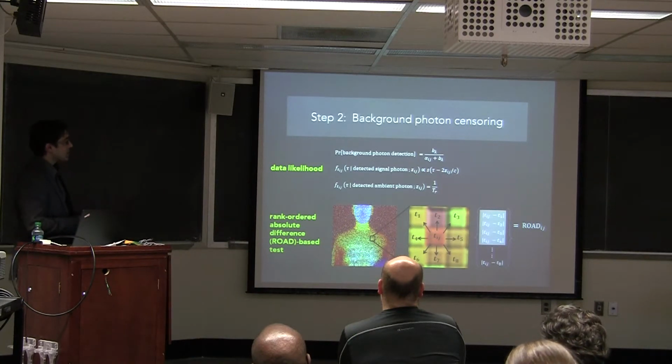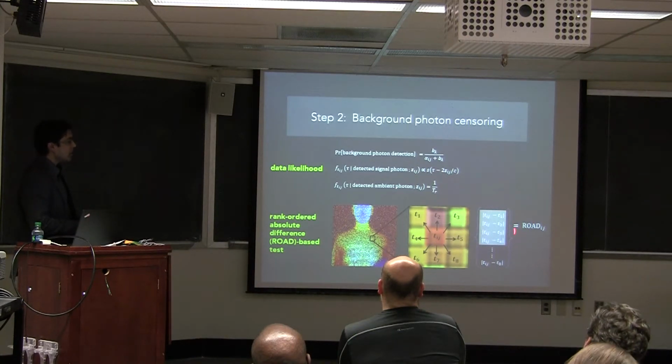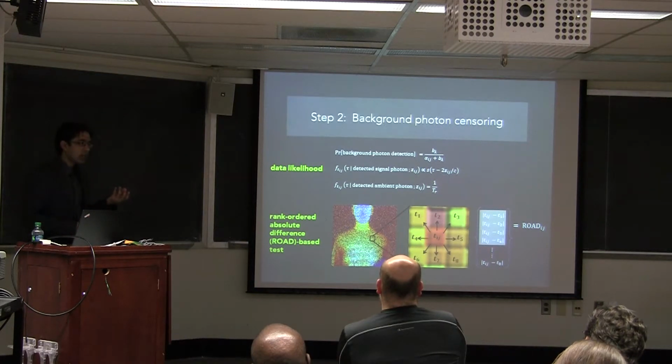What that is, is the sum of the four smallest absolute differences between a pixel value and its neighbors. So what happens if that number is small? Well, if that number is small, then probably the particular pixel that I'm looking at has a Tij that is due to light that's actually reflected from the scene.